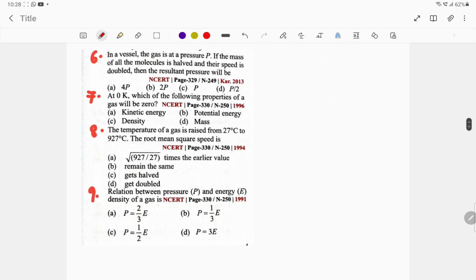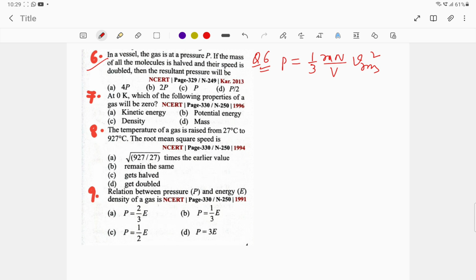Now next question. In a vessel the gas is at a pressure P. If the mass of all the molecules is halved and their speed is doubled, then the resultant pressure will be. So in question number 6, we know that pressure is equal to 1 upon 3 mN upon V into v rms squared. Here m is the mass of each molecule, N is the total number of molecules, V is the volume of the gas.